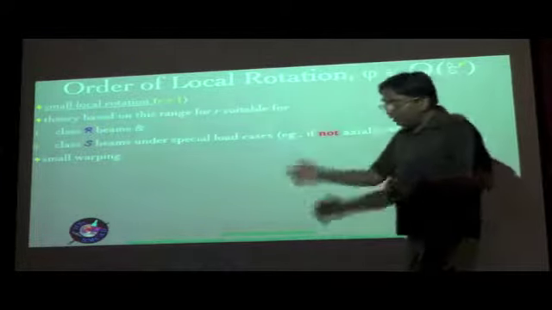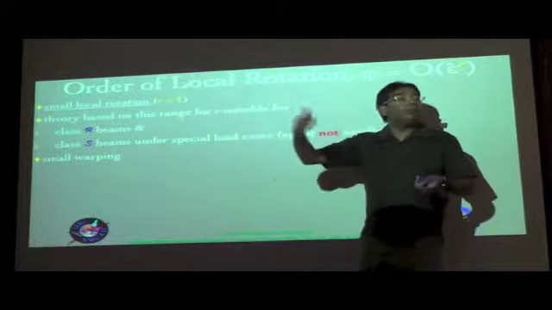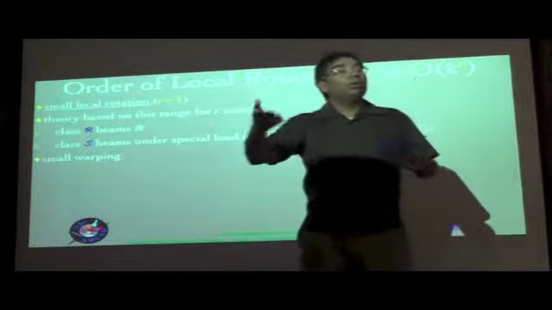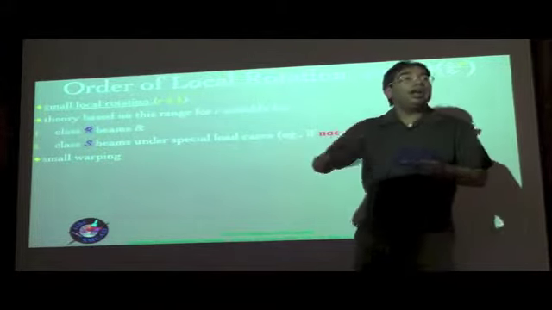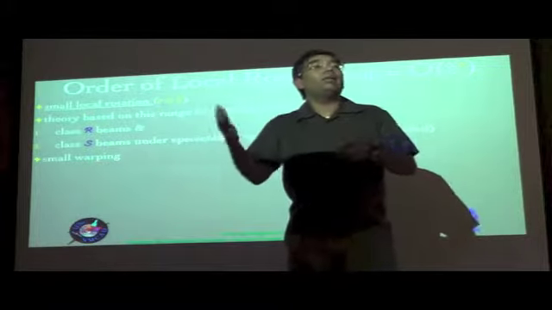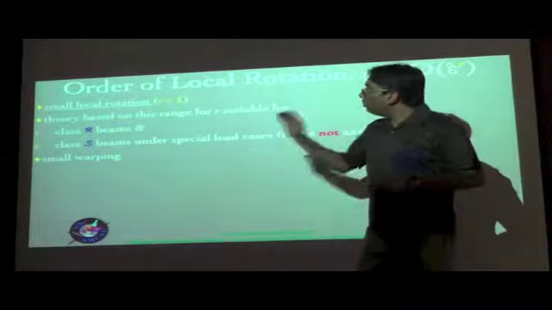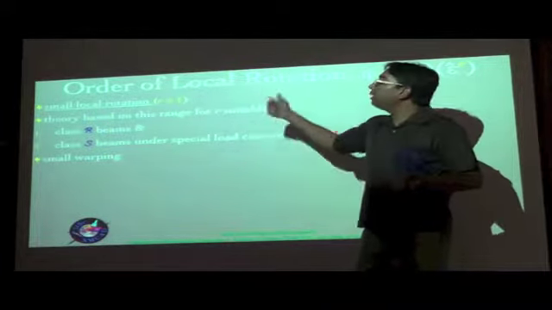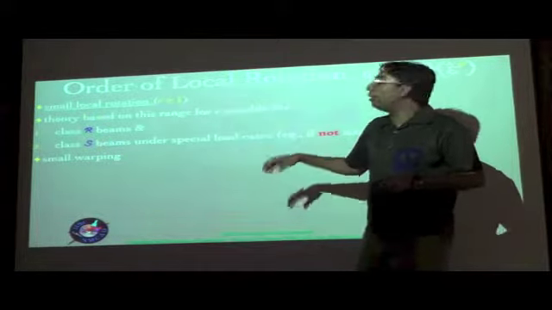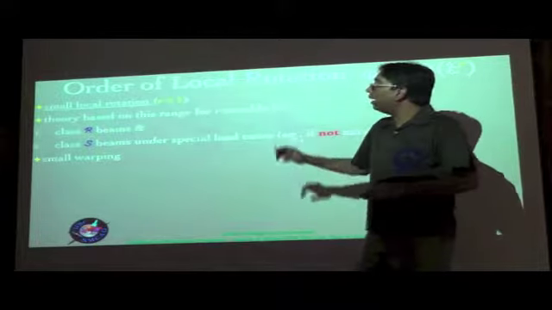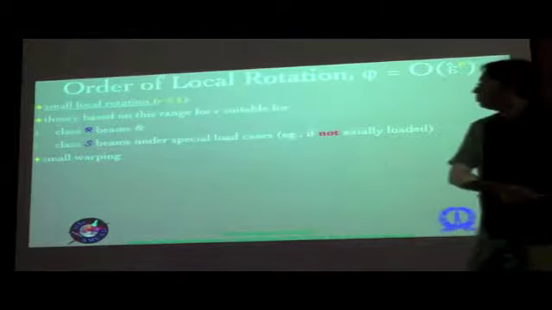As I said, they are predominantly dictated by w1,2 or w1,3, similarly w2,1, w2,3, etc. Basically derivatives of warping with respect to the other cross-sectional directions, other than the direction that the warping component itself is in. So from that it becomes clearer that if the local rotations were small, then the warping would be small as well, or vice versa, because it's the warping which contributes towards the local rotation.